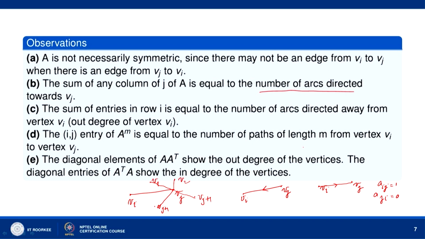So, suppose the situation is like this, B1 to Bj like this. Then BjBj+1 will be equal to 1, and this is, say, Bj+2.